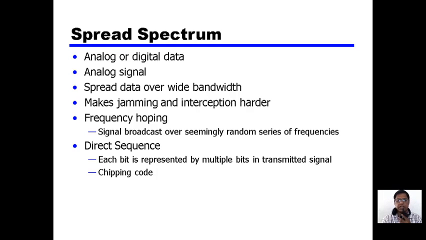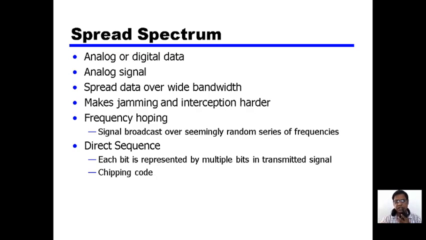So as you know, what is a spread spectrum? Spread spectrum is nothing but the signals transmitting through the air. Signals are spreading in the air, going from the sender through the transmitter to the receiver.